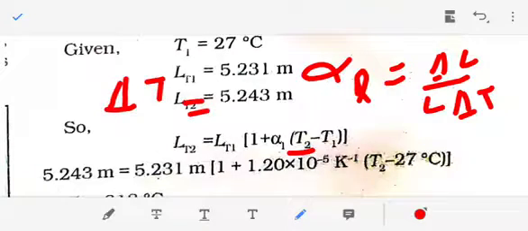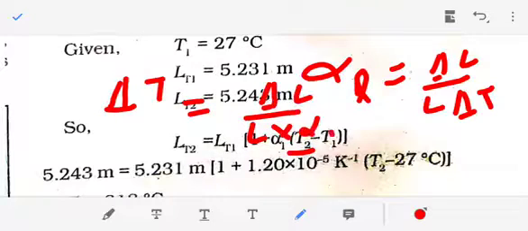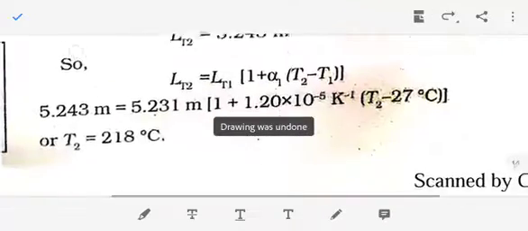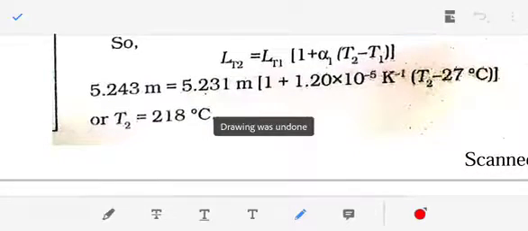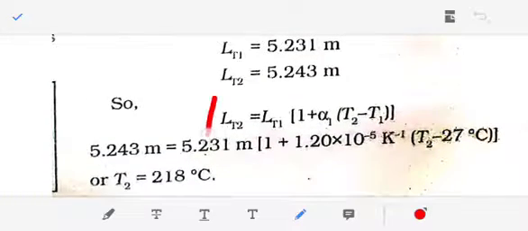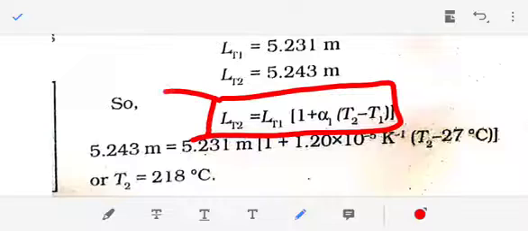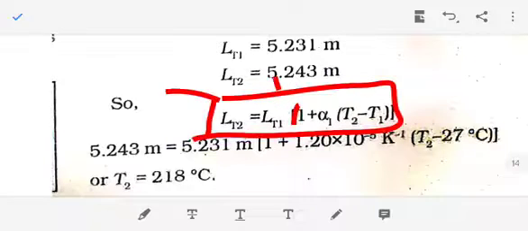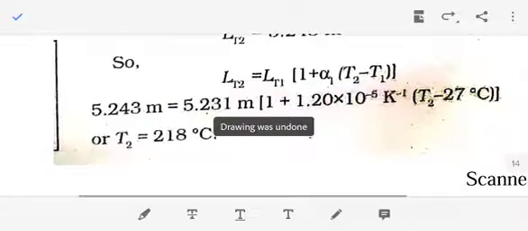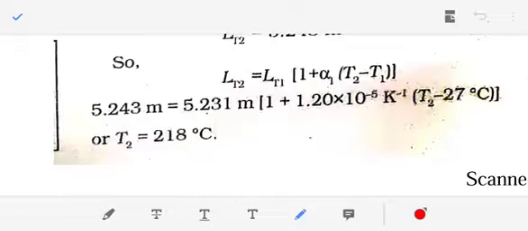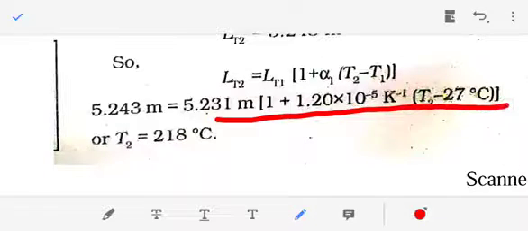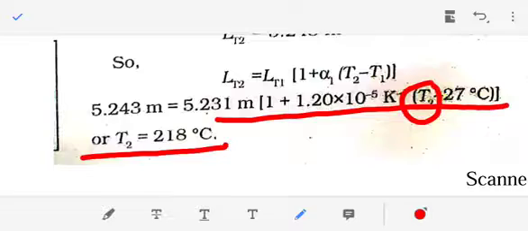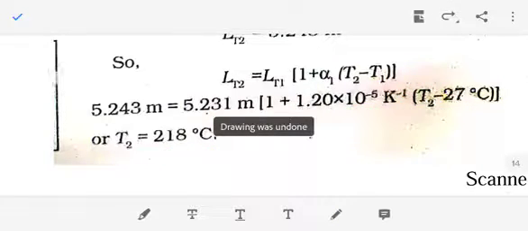Delta T will be equal to delta L upon L multiplied by alpha L. From that we have derived this formula: length at temperature T2 is equal to length at temperature T1 multiplied by 1 plus alpha L times T2 minus T1. Put all the values here, we will get the value of T2, that will be equal to 218 degrees Celsius.